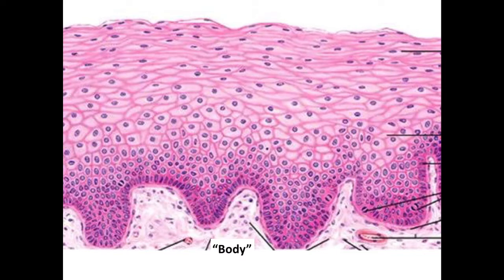So when we specifically talk about what that covering does, you're talking about function. That is, what does this tightly bound sheet of cells that cover us do? Why do we need that? Since the epithelial tissue forms a boundary between the human body and its external and internal environments, its function reflects this interface.